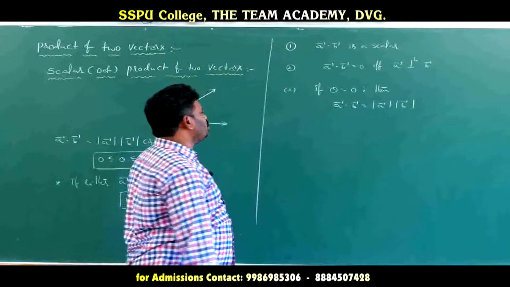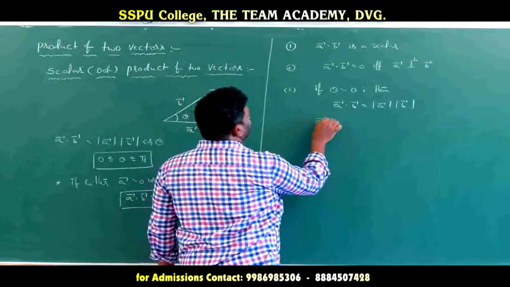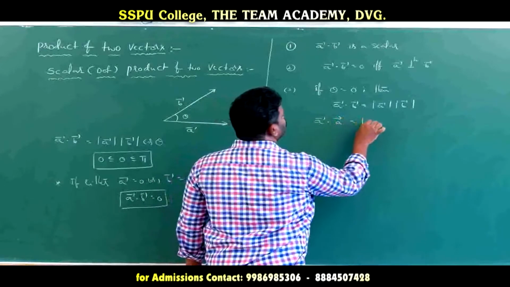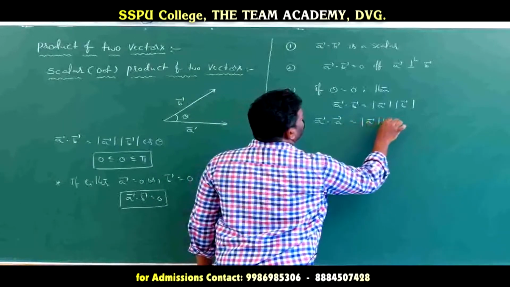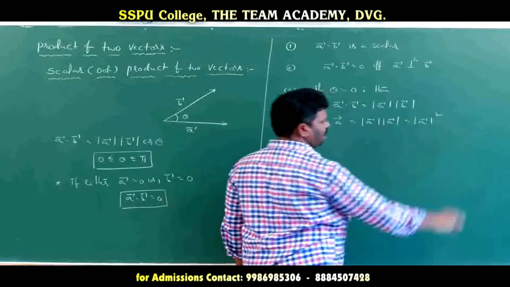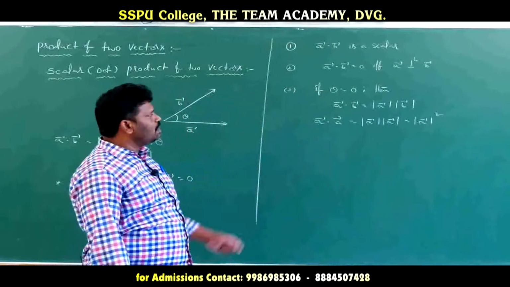In particular, for the same vector, A bar dot A bar is equal to magnitude of A bar square, where theta is equal to 0.